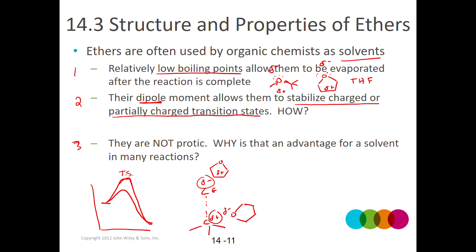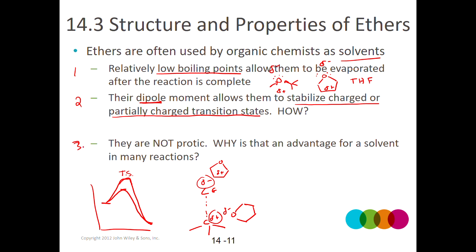So it can happen more often and produce the products at a faster rate because not as much energy is needed in the collisions, and a greater percentage of the collisions that occur will have the energy necessary by stabilizing the transition state through solvation, forming some partial charge attractions with the solvent. The ether does its job of increasing the kinetics of the reaction.